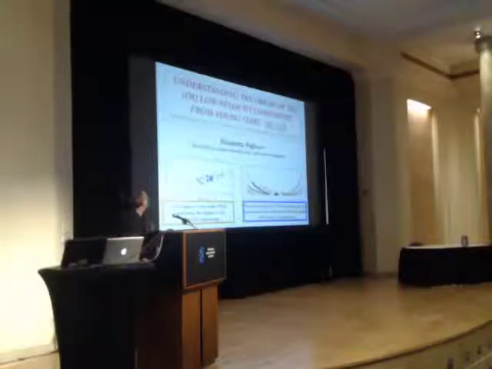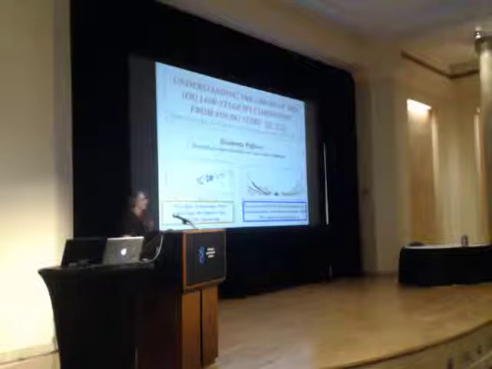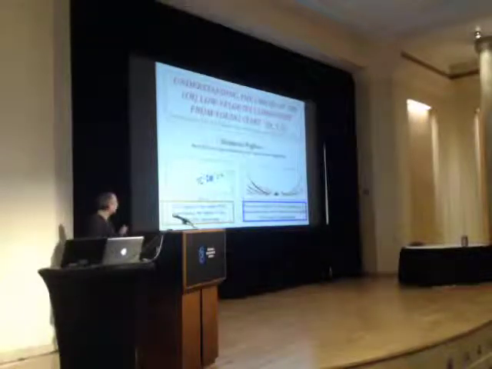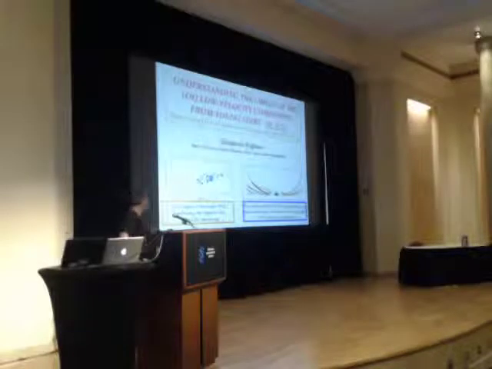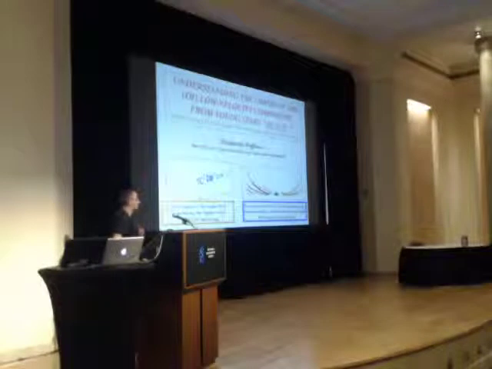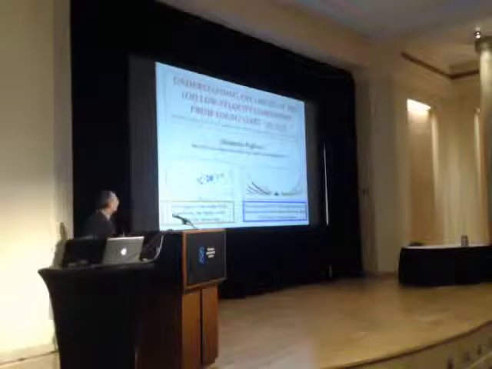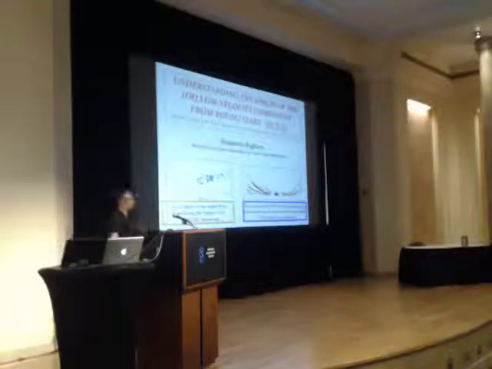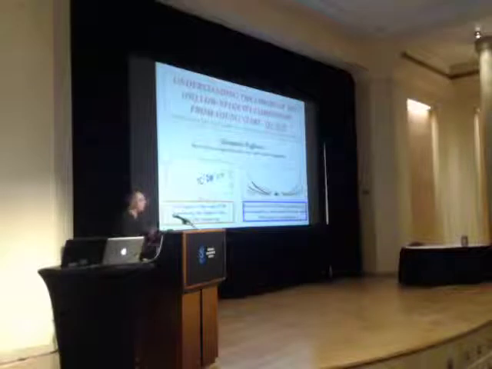Then we go on to looking at the origin of the [OI] low velocity component from young stars. So this is a poster looking at these [OI] observations and trying to understand what these observations could be coming from. Whether it's to do with photoevaporation or some kind of disk winds.